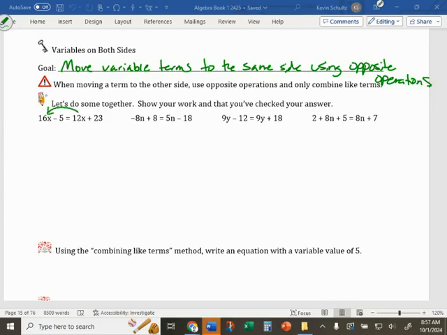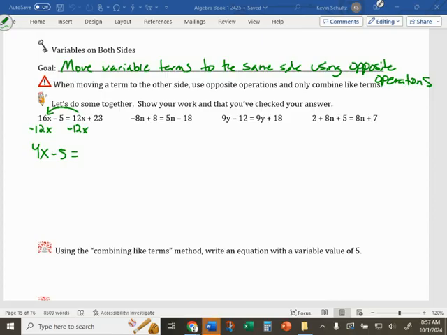Okay? So if that 12x is positive on the right, what are we going to have to do to move it to the left? Grace? Subtract 12x. We don't want to divide by 12 here because division would separate the 12 from the x. Right? We want to move all those x's over, all 12 of them. And so 16x's take away 12x's is 4x. The -5 drops.